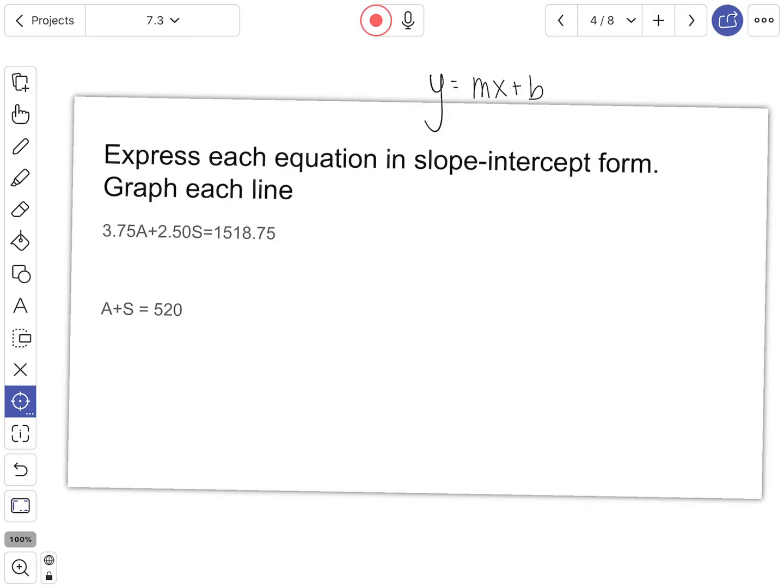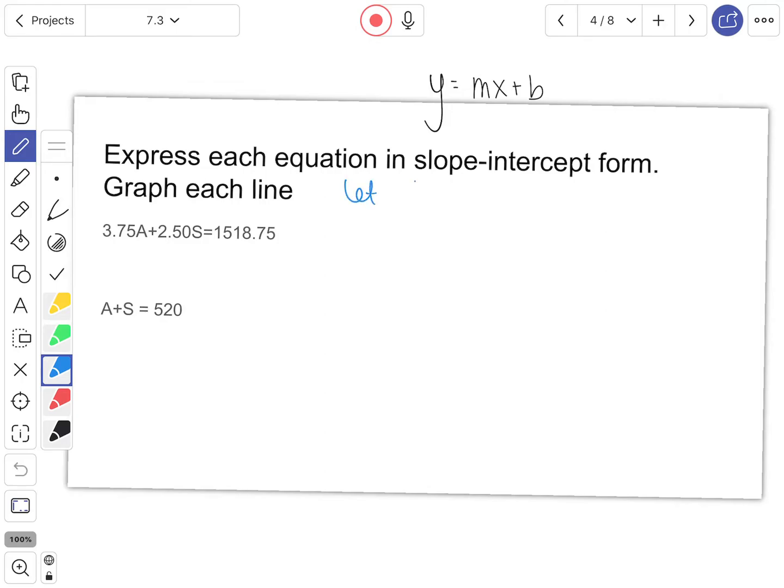And it doesn't actually matter what you determine is x and what you determine is y. You just need to stay consistent. So let's let a be equivalent to an x variable in this case, and let's let s be equivalent to the y variable. So when we write our equation, we would be looking at it as s equals ma plus b. So let's get s by itself in this equation.